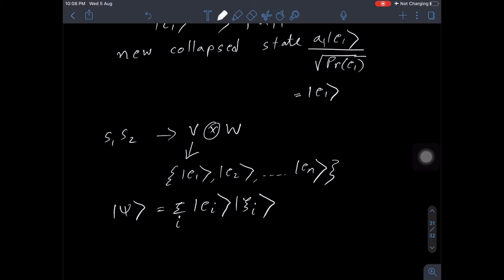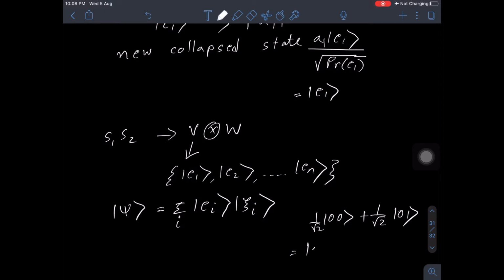If you remember correctly, two qubit systems can be written in this basis: 1 by root 2 of 0 0 plus 1 by root 2 of 0 1. Let's say that. All right, but this is a state in a two qubit system. So let me just write it properly.